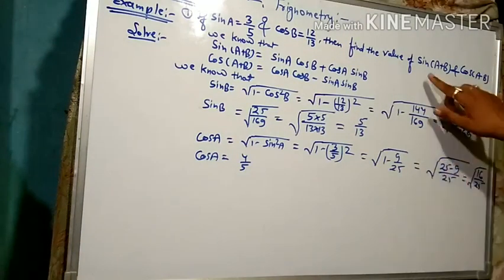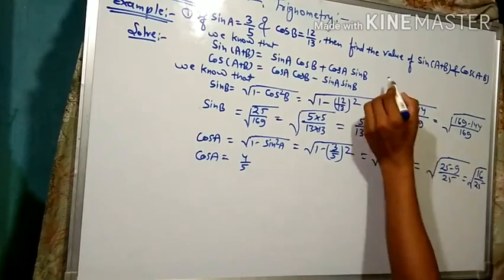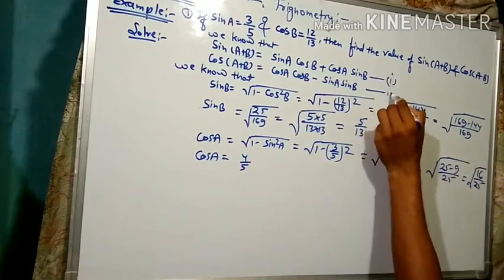Now, firstly we have to find the value of sin(A+B). This is equation 1 and this is equation 2.